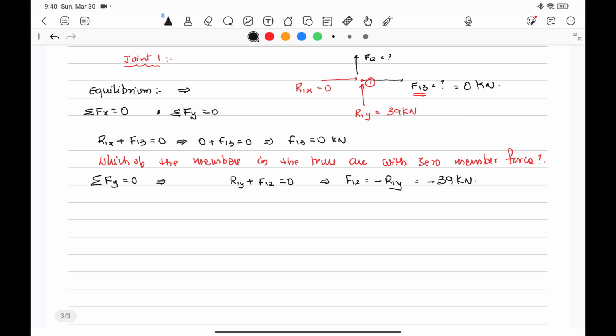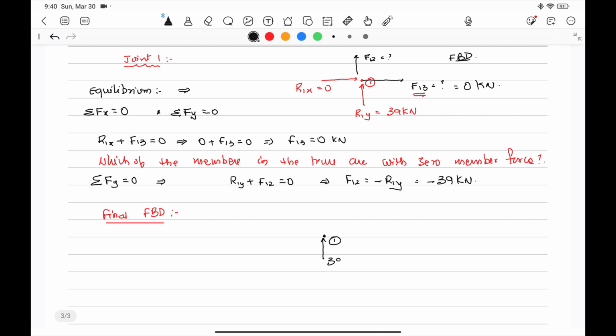That means whatever direction we have assumed is wrong, and the new direction will be, in the new FBD, this is initially assumed. Final FBD for the joint will be, what is the final FBD? This is the joint 1.